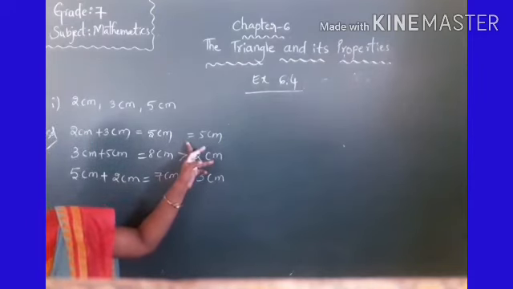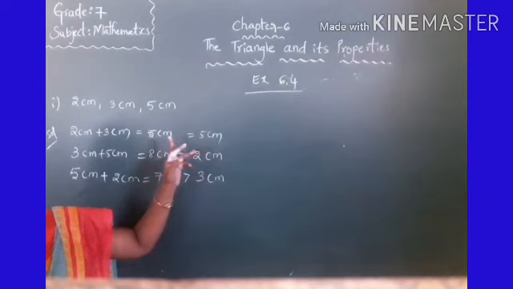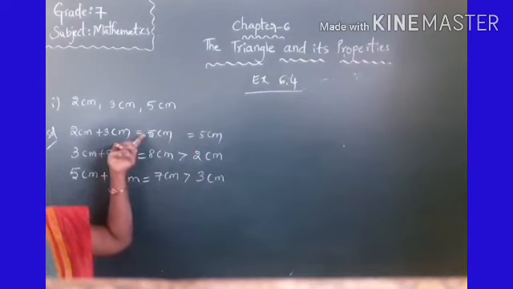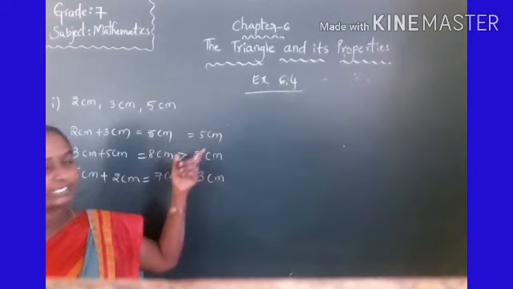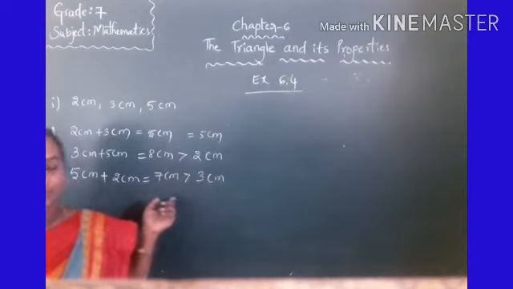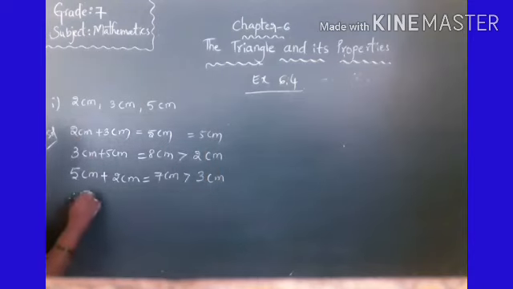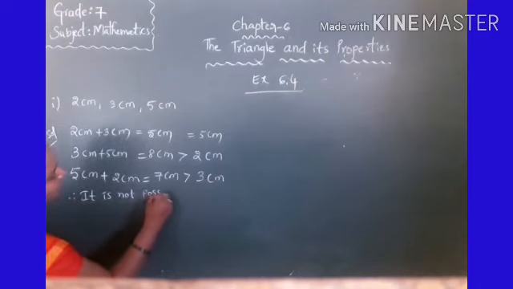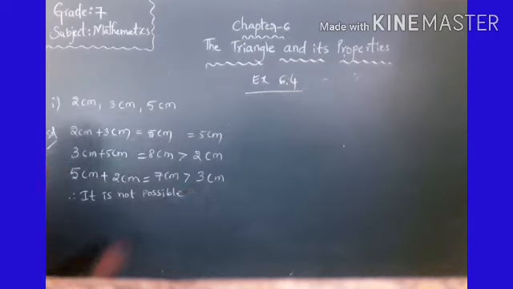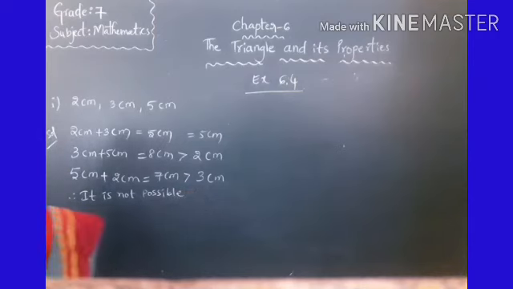One sum is equal, so the sum of the lengths of two sides is equal to the third side. No. Therefore it is not possible. It is not possible. Right.